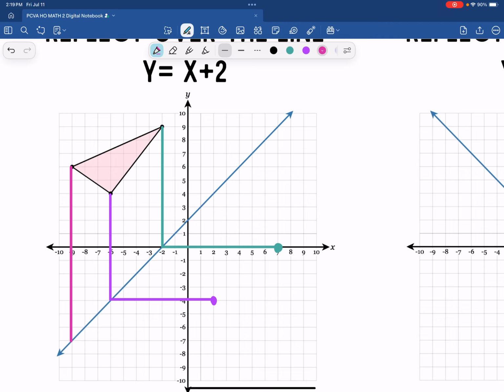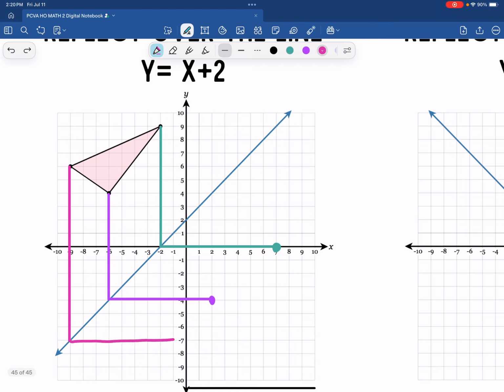So that's going to be 13 units. So I'm going to go 13 units. Whoops. I went too far. So I'm going to go 13 units horizontally. Okay. And then, of course, I can connect. And you should see that's a reflection over that line.